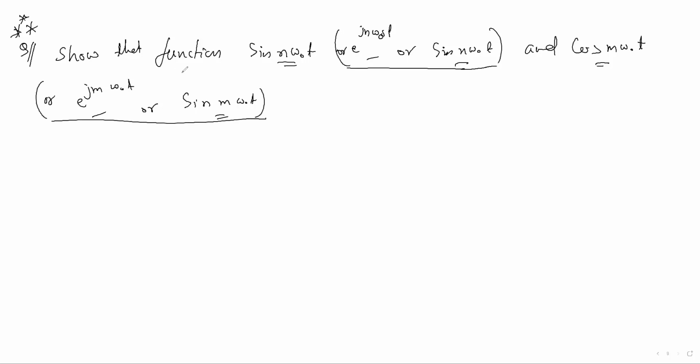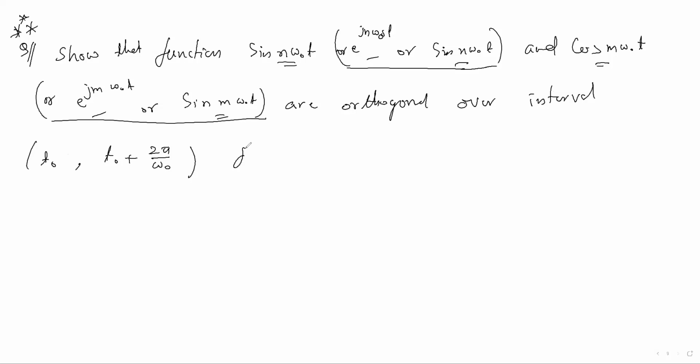To show that the functions sin n omega naught t and cos m omega naught t are orthogonal over the interval t naught to t naught plus 2 pi by omega naught, for any integer value of m or n.